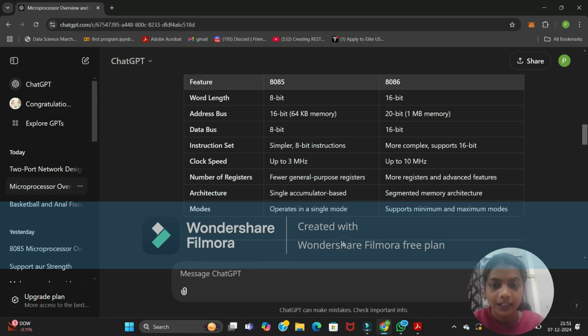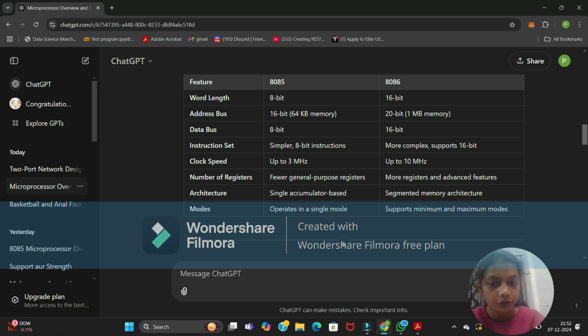Then we have the data bus, which is 8-bit and 16-bit according to the word length. Instruction set: 8085 is simpler with 8-bit instructions, while 8086 is more complex and supports 16-bit instructions. Clock speed is up to 3 MHz for 8085 and up to 10 MHz for 8086.